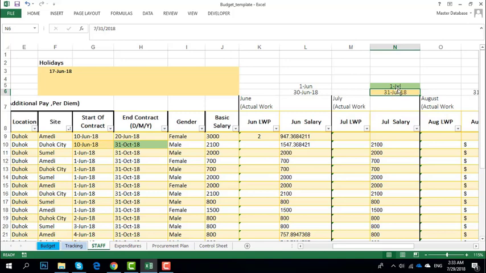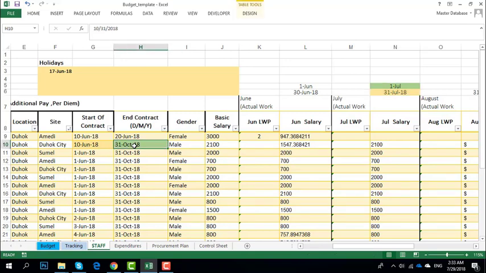That's why July is included. Now the second one is the October and July. Which is less? It's this one. So this one is included. So 1st of July until the 30th of July, both of them are included between 10th of June until the 31st of October.